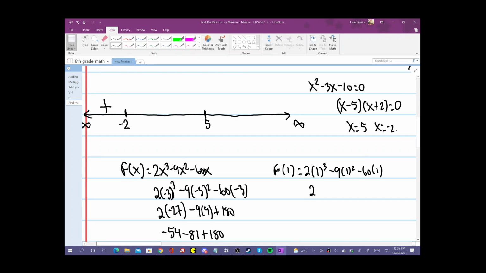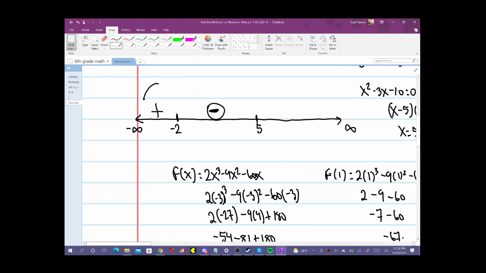This is 2 minus 9 minus 60. This is negative 7 minus 60. This is negative 67. So it's negative. So knowing that it's increasing and then decreasing again, there is a maximum here at negative 2.